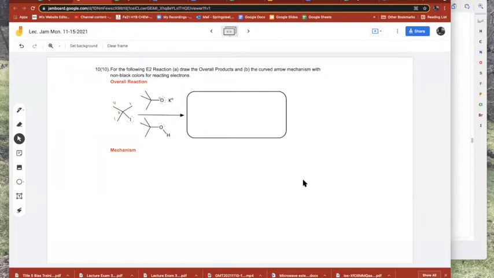Draw this up the way I want. So it's still an elimination. I'm still going to make an alkene. I'm going to make the exact same product as before.